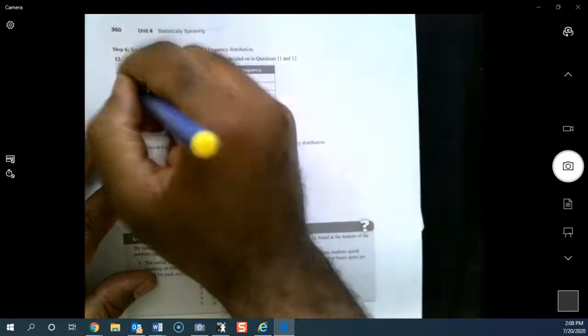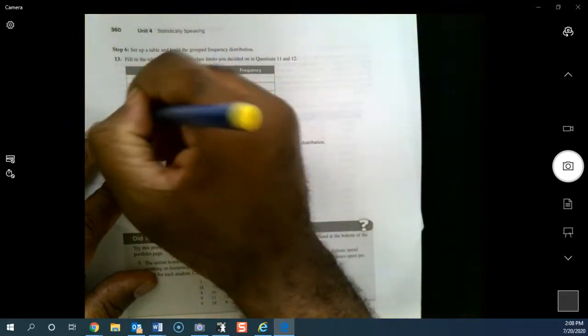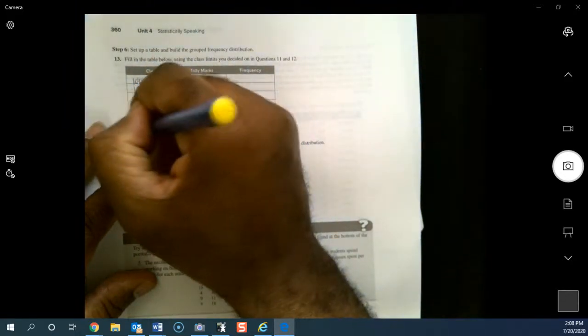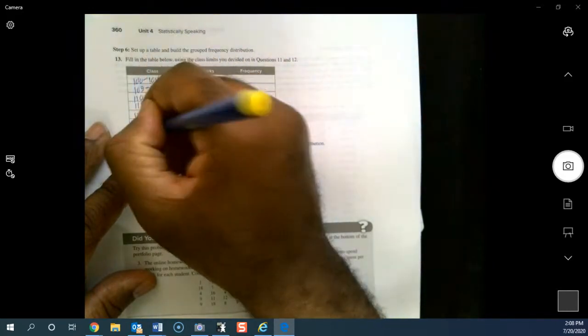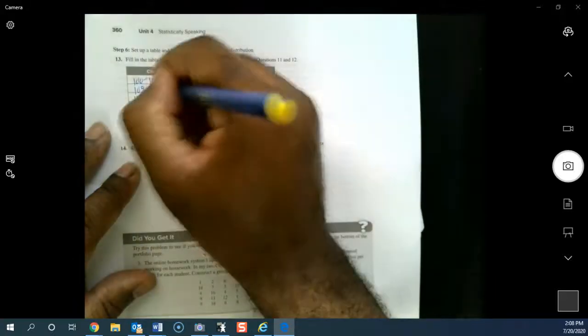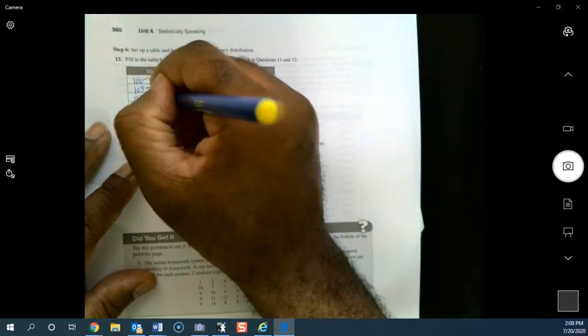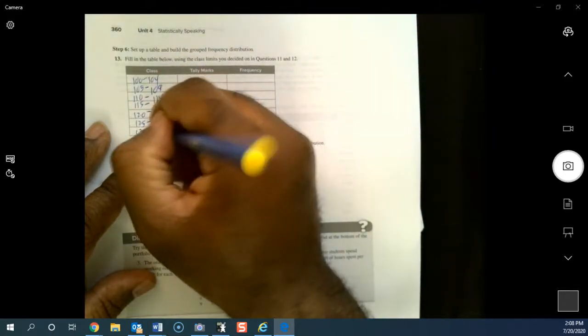Let's just write all of them. All the lower limits, then all the upper limits. Now this dash tells you how far it goes to. So this would be 109, 114, 119, 124, 129, 134.